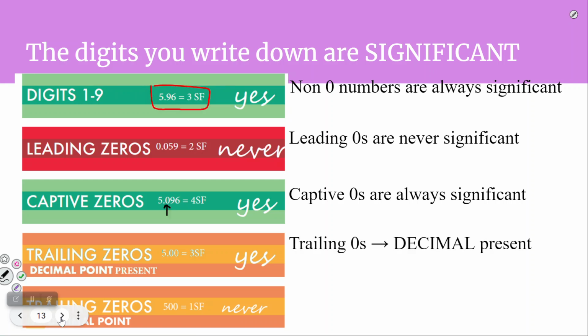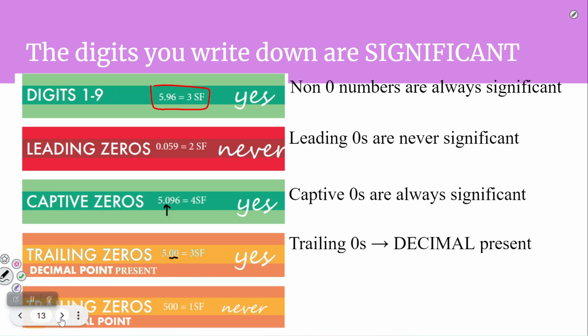Okay, trailing zeros. Trailing zeros are zeros at the end, and in this case, we have a decimal point. Those are zeros at the end of a number after a decimal point. So think about it this way. Remember we said if a digit is not measured and we put it there, that's erroneous. We're introducing too much error there. Now, if a 0 is measured and we put it there, that means we measured it. So in this case, those zeros are significant.